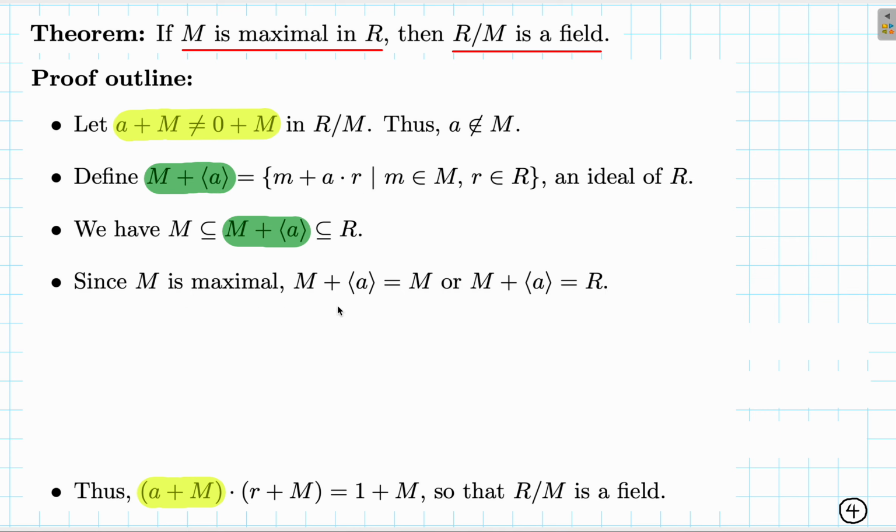Since M is maximal, M plus ⟨A⟩ must equal either M or R. And our next task is to figure out which one it's equal to.